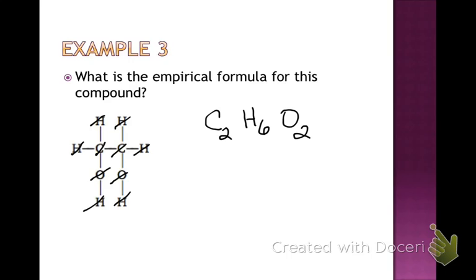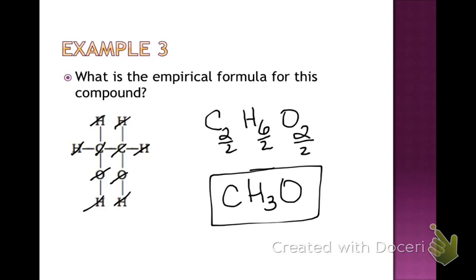Now, what I just wrote down, is that going to be the molecular or the empirical formula? If you said molecular, you're correct, because it is not reduced down yet. So we want to reduce this down to get to the empirical formula. We can divide each one of these by 2 to give us C, H3O. So this would be the empirical formula for this structure.